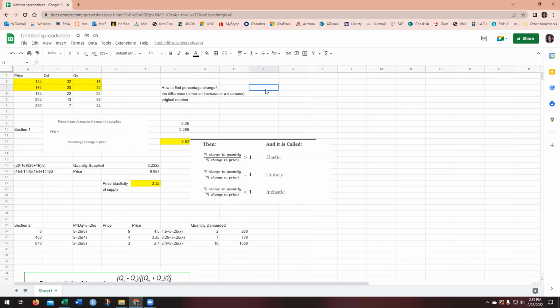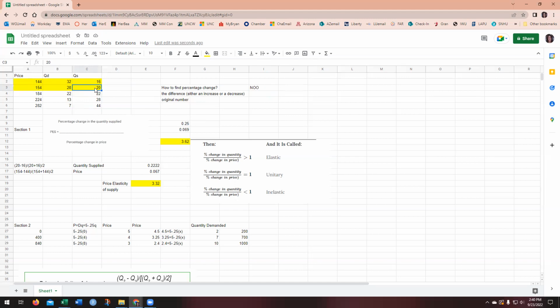If you want to think about it in a different way, how I was taught is to remember it as NO, which means the new number minus the old number, divided by the old number. The same is true in this instance. So we are going to look at the difference. First, we're going to look at quantity supplied. Our difference is 4, because 20 minus 16 is 4.